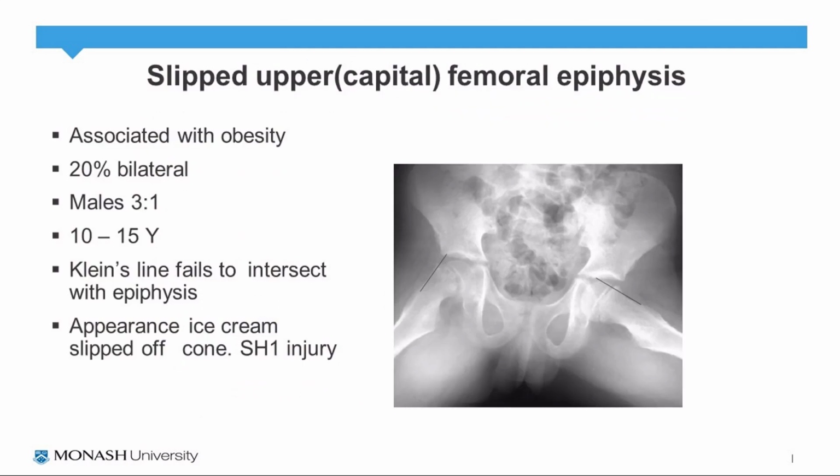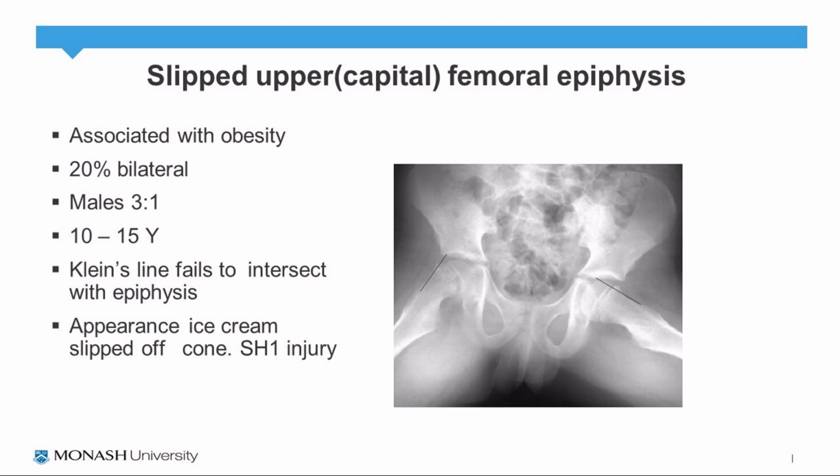Now, with a slipped upper femoral epiphysis, this is associated with obesity, and about 20% can be bilateral. It also has a male preponderance of 3 to 1 and sits within the age group of 10 to 15 years.